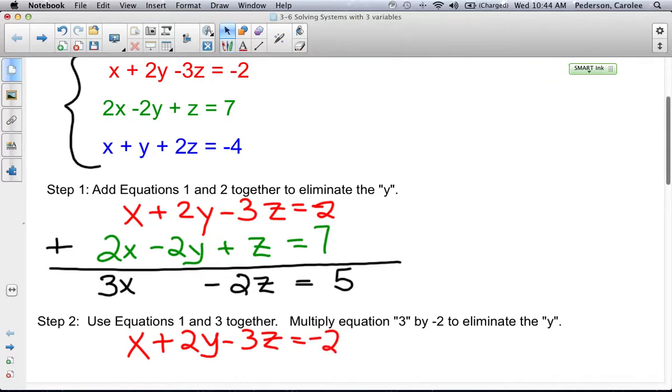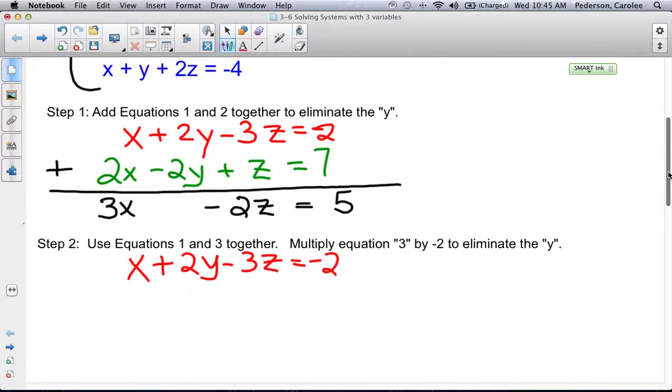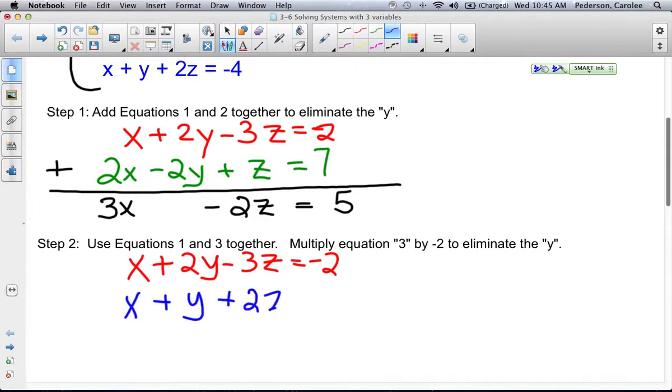And then the blue equation, which is the third equation, x plus y plus 2z equals -4. Now, if I were to add them together right now as they are, no variable would cancel out. So then it says multiply equation 3, so the blue one, by -2.